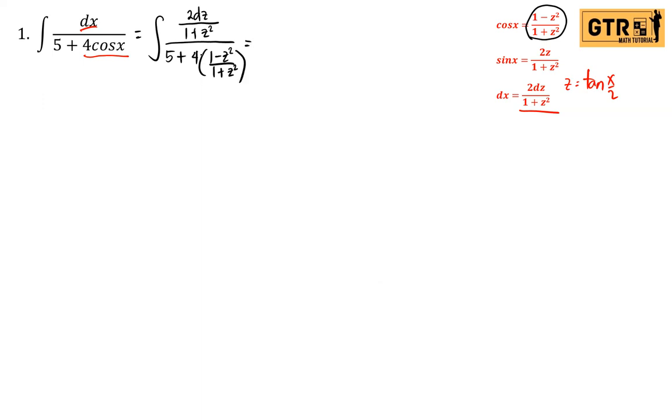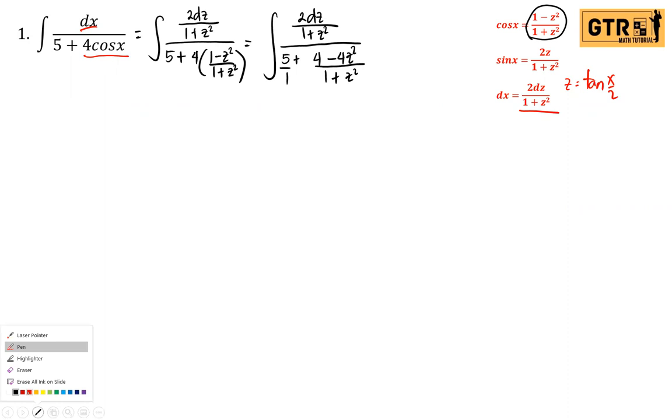Let's distribute the 4 to the numerator only. So we have integral of 2dz over 1 plus z squared, all over 5 plus 4 times 1, which is 4, and 4 times negative z squared, which is negative 4z squared, over 1 plus z squared. So simplify this part. Let's put the 5 over 1 and then use the butterfly technique: just cross multiply and multiply the denominators.